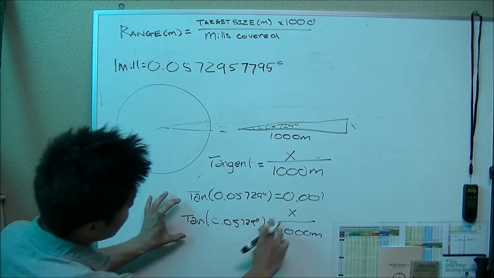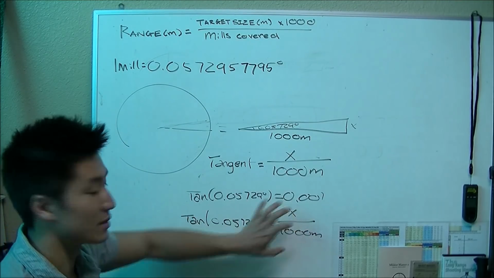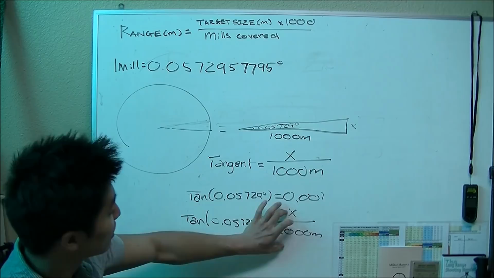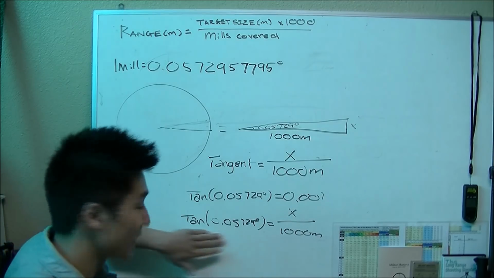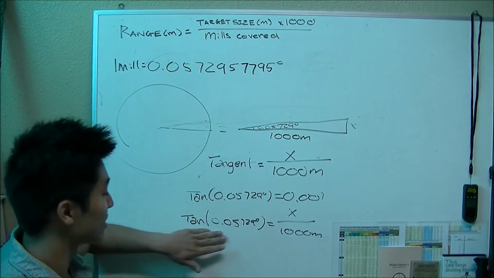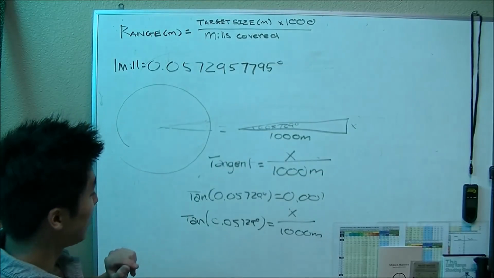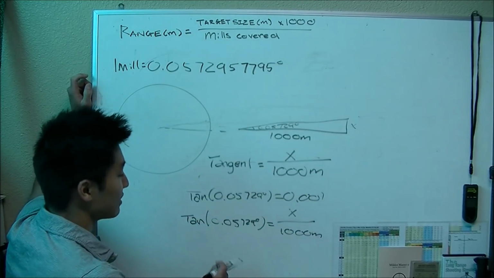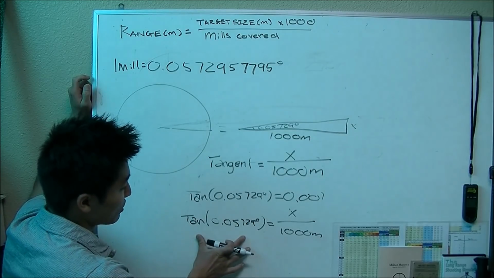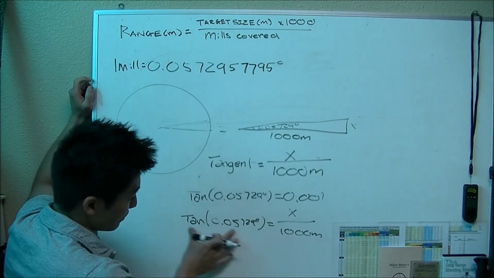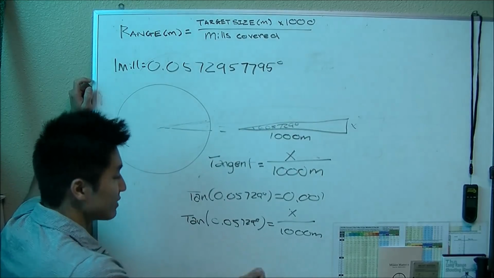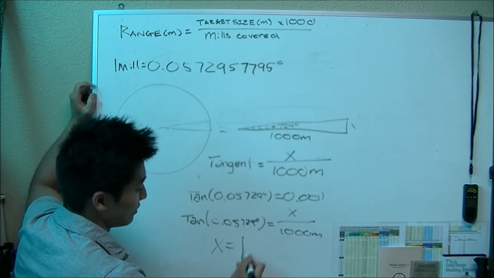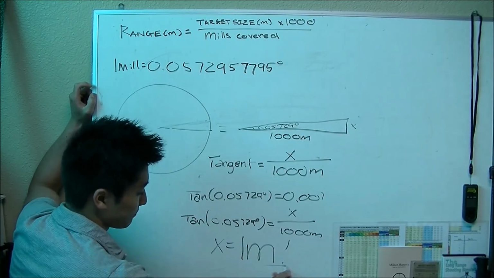Remember, this is equal to this. So this ratio is equal to the value of tangent 0.05729. And thus we bring over the 1,000 here, we multiply tangent 0.057 by 1,000, and we get that x is 1 meter.